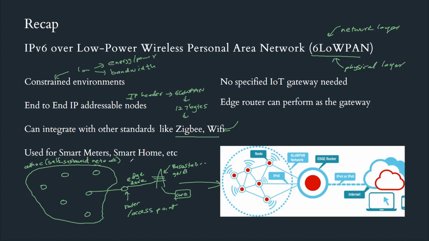So they don't need a specified frequency band to do the communication. The network itself forms the frequency bands to do the communication.